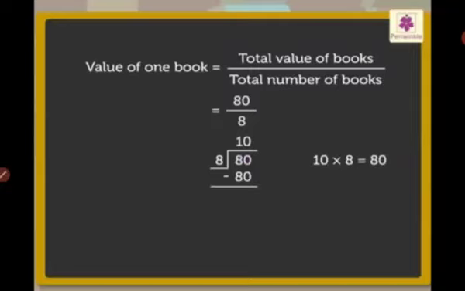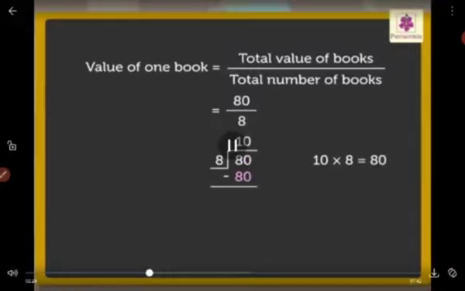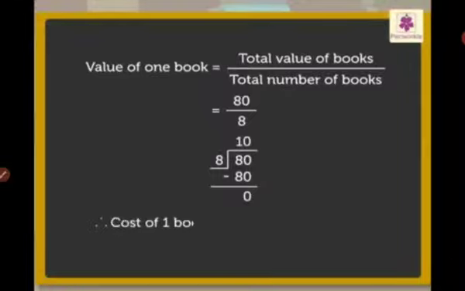Here, let's subtract 80 from the dividend. We get 0 as the remainder. Therefore, cost of one book is equal to rupees 80 divided by 8, which is equal to 10 rupees.